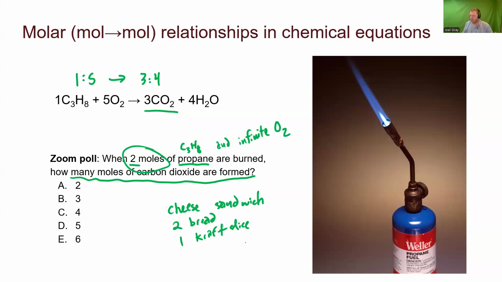Does everyone agree that that is the basis for the most simple sandwich that you could possibly make? Okay. Now, what if you have 10 slices of bread and 0 slices of cheese? How many cheese sandwiches are you going to make?